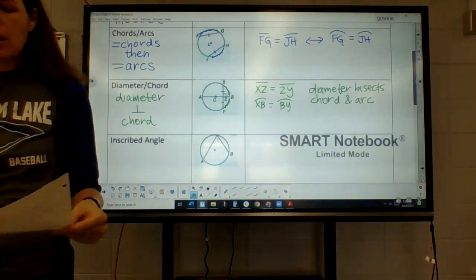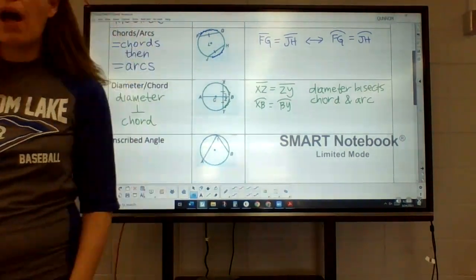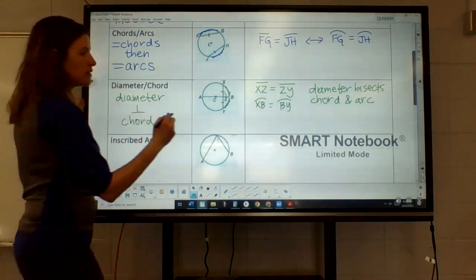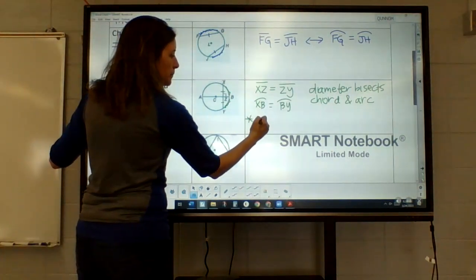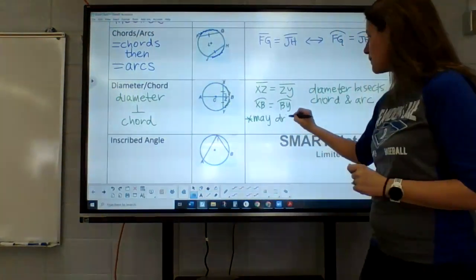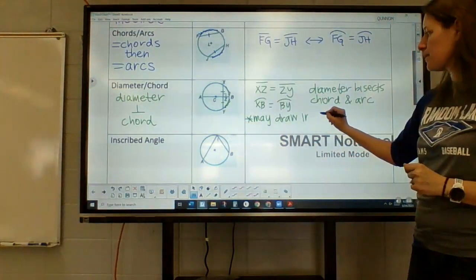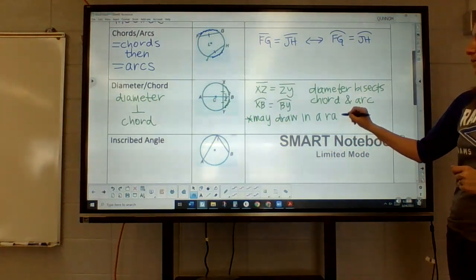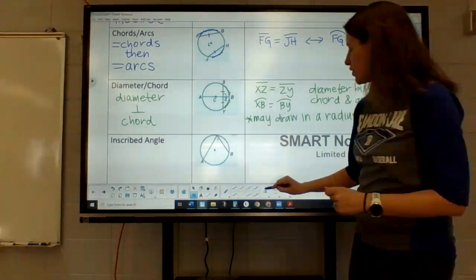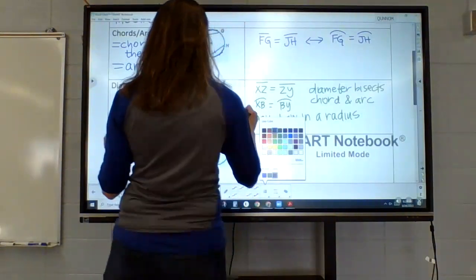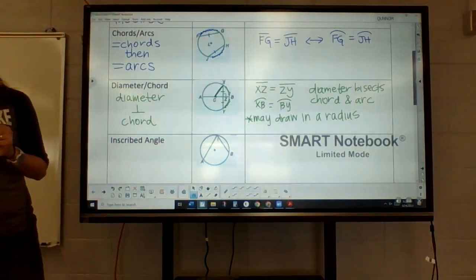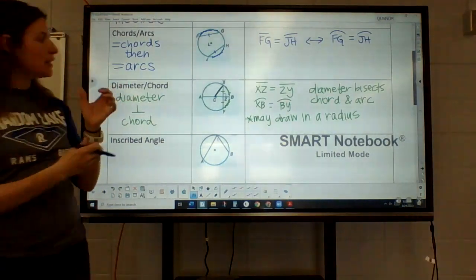In our notes, and maybe in our homework as well, sometimes it's helpful to draw in a radius. When we draw on that radius, and I'll show you guys with maybe a different color green here, if I draw in XC, then I actually have a right triangle there.